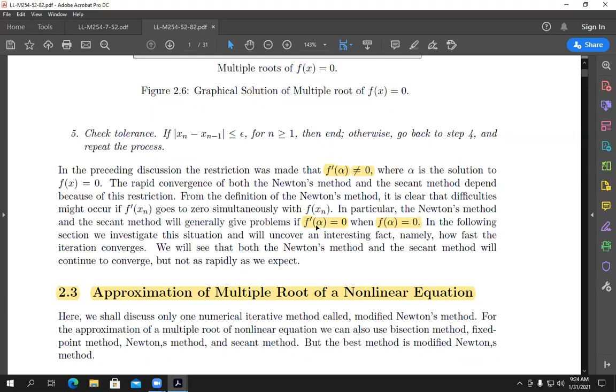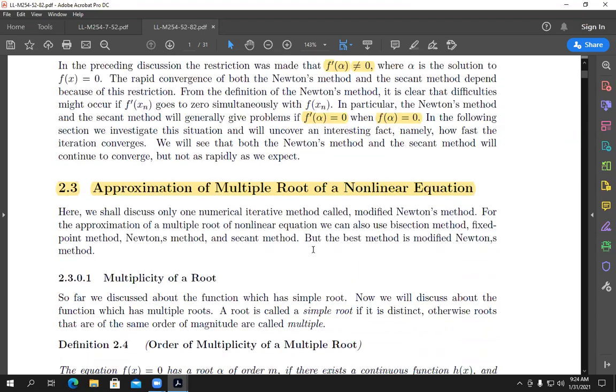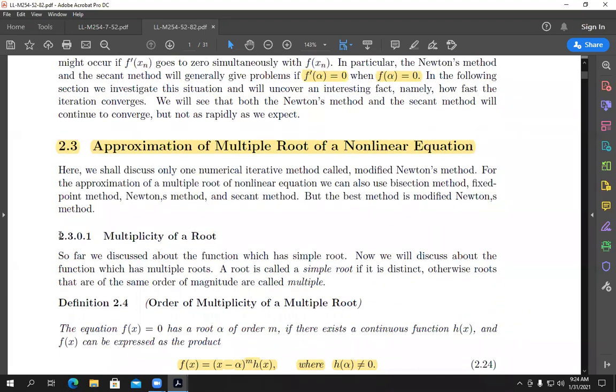It means we have to check first for a multiple root, and then we have to check how many times our multiple root is repeating. So that means we have to find the order of multiplicity. The order of multiplicity of a root means how many times your root is repeating. That's the definition.